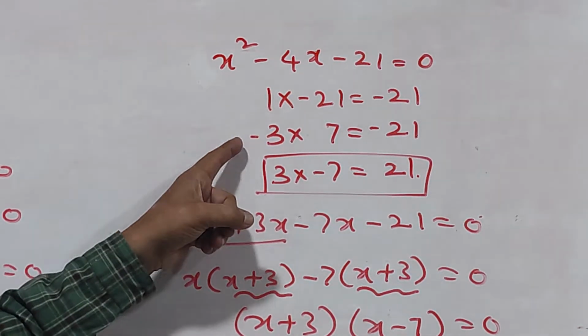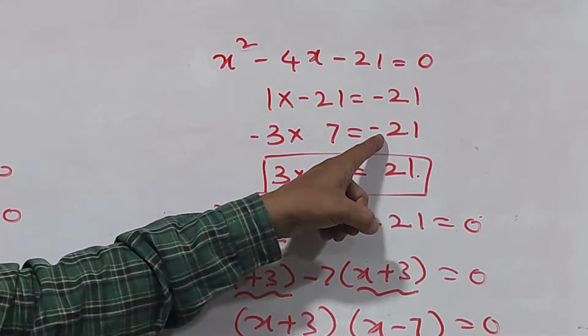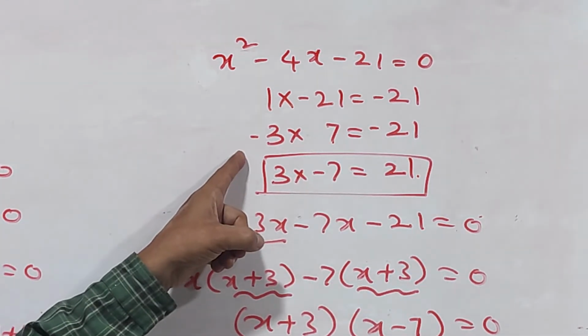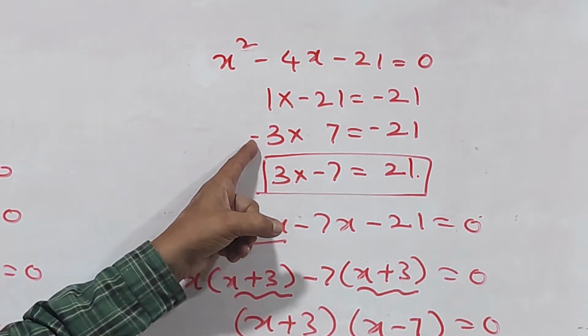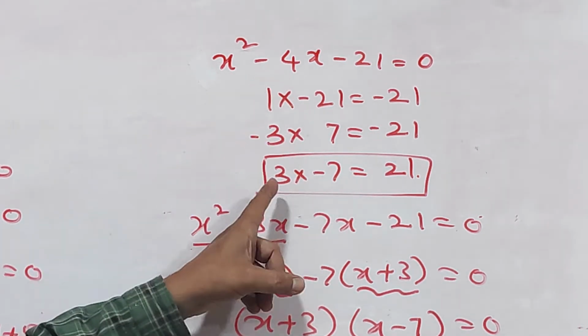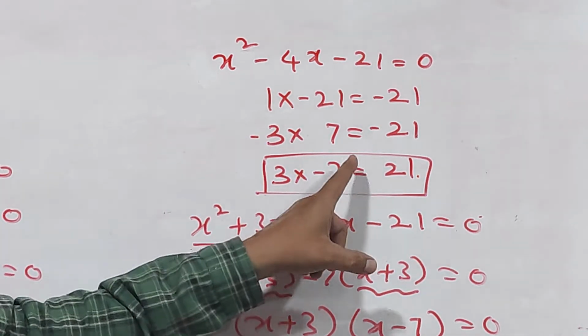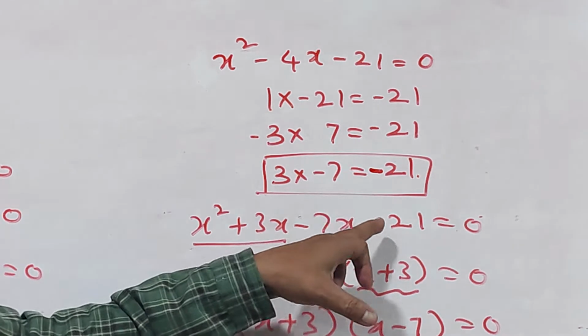So I have written here minus 3 into 7 is equal to minus 21. I am not taking that, because 7 minus 3 is equal to 4, whereas we want minus 4. So I am shifting that minus sign from here to here. So 3 minus 7 is equal to minus 4. But whereas 3 into minus 7 is equal to, you are going to get this as minus 21. This should be same.